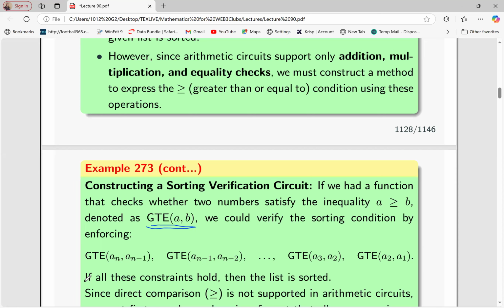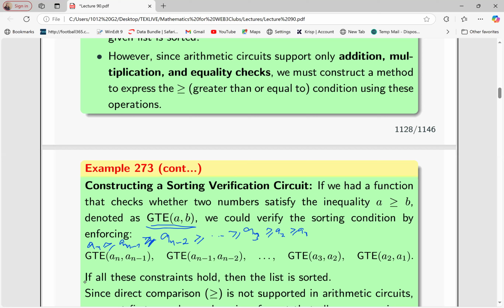Supposing we had AN greater than or equal to AN minus 1, which was greater than or equal to AN minus 2, all the way up to A3, greater than or equal to A2, greater than or equal to A1, and so on.